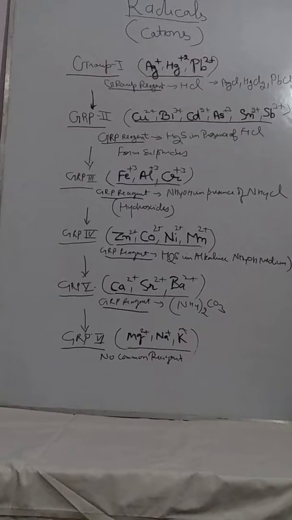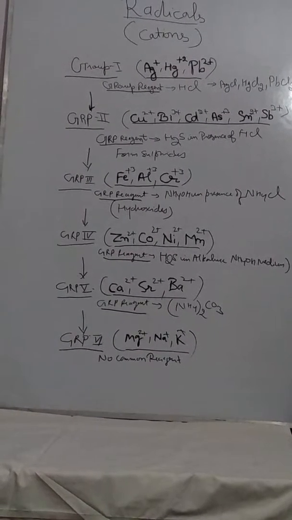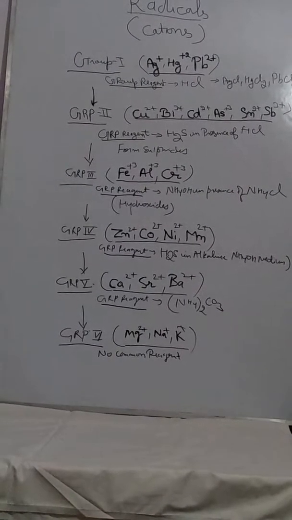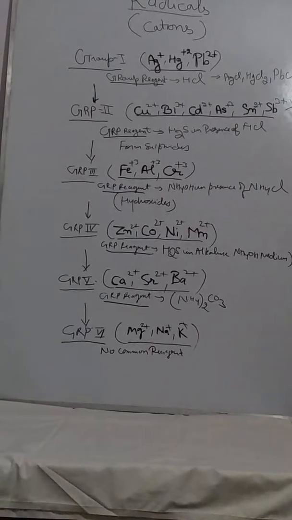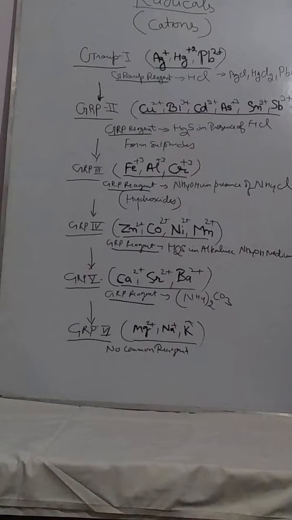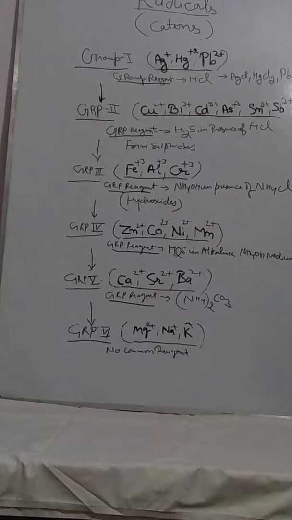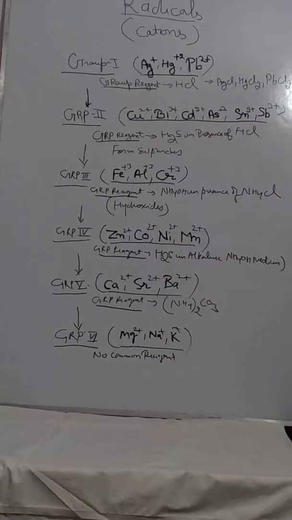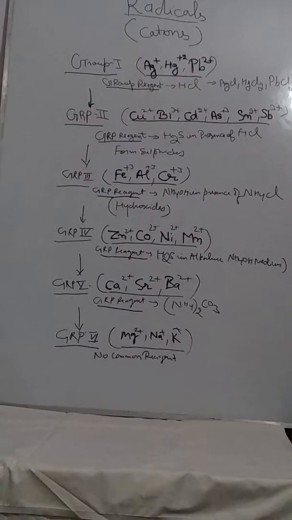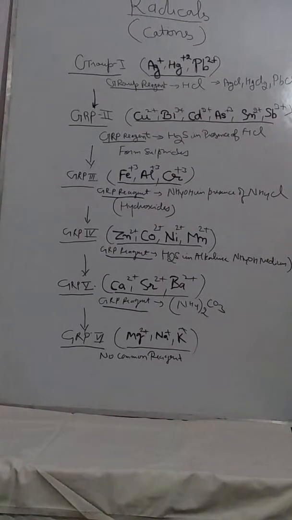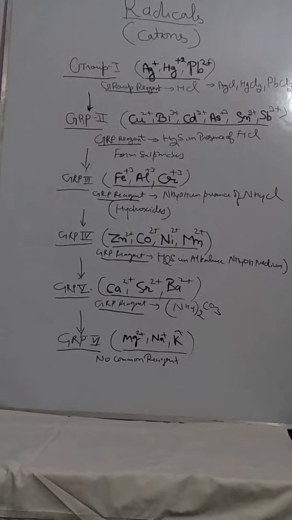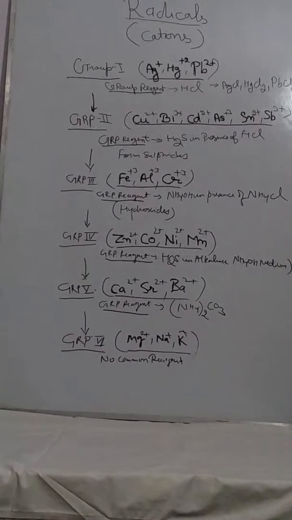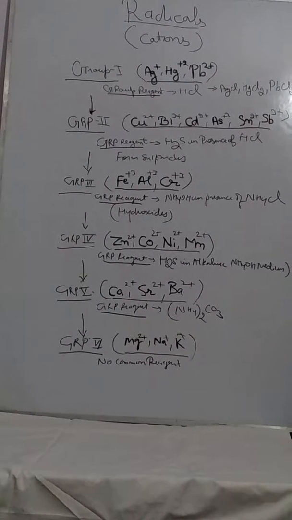It means that if group first, that is argentum, mercury and lead, are present in that given inorganic mixture, with addition of HCl they will form their chlorides, in the form of argentum chloride, mercurous chloride and lead chloride, and as a result they will get precipitated out. So with addition of HCl, if precipitate appears, we can say that group first is present, and thus the group reagent for group first is HCl.